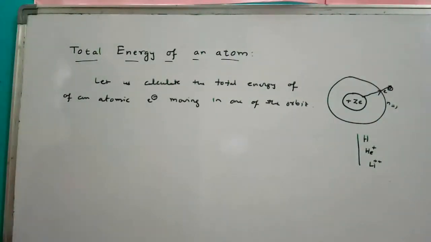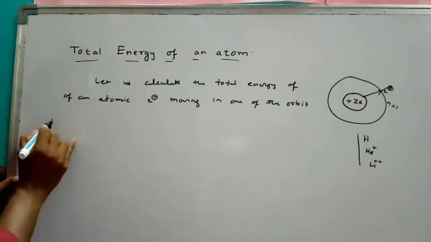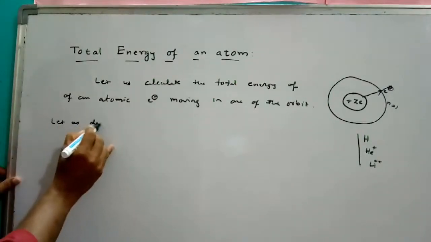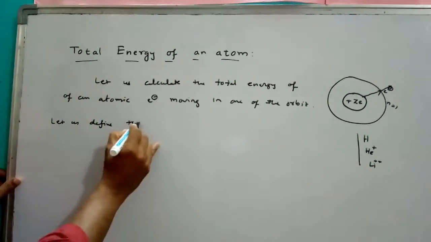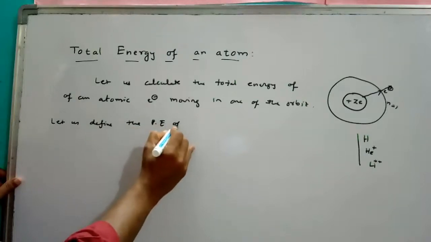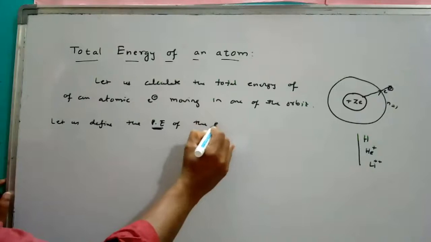So here, for calculating total energy, we have to define the potential energy of the electron.